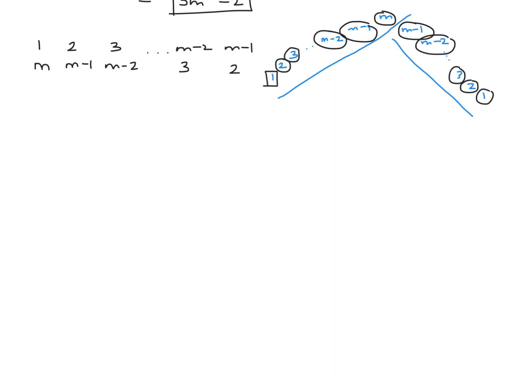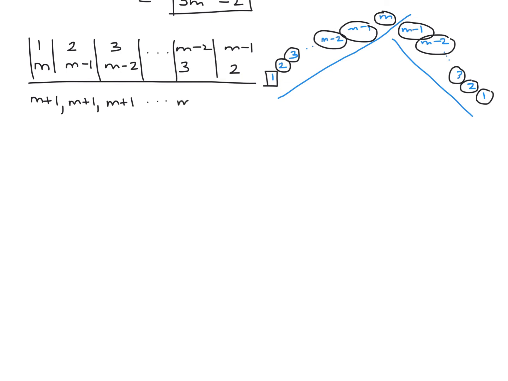The reason I did that is because if you add these, each pair will sum to m plus 1, right? 2 plus m minus 1 is also m plus 1. 3 plus m minus 2 is also m plus 1, and so on. These two add to m plus 1, and finally these two add to m plus 1. So if you add up all of these, it would essentially be a whole bunch of m plus 1s.